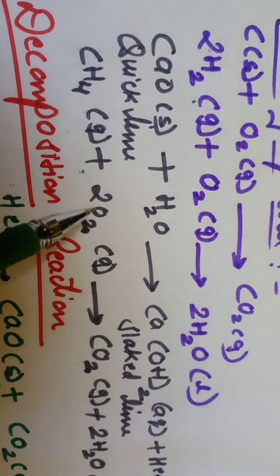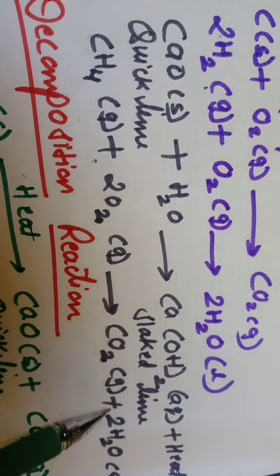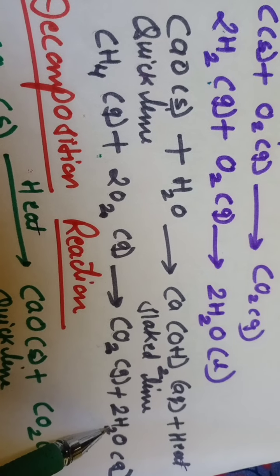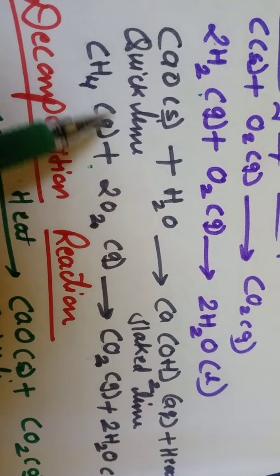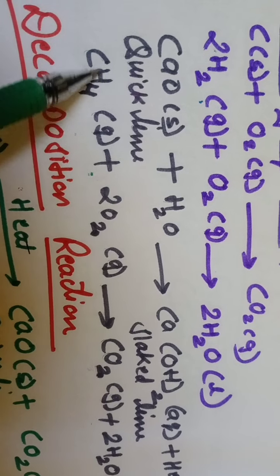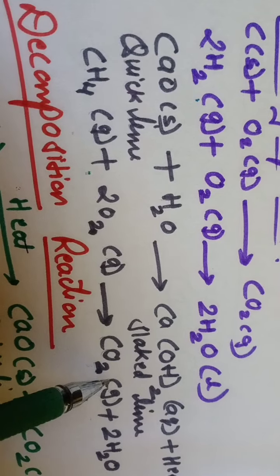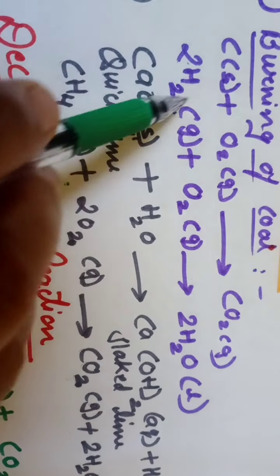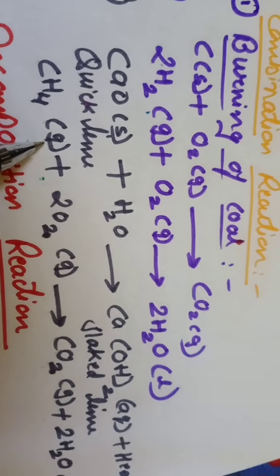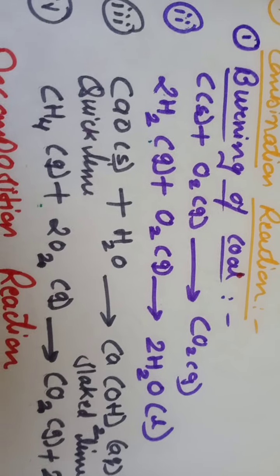Next, CH4 reacts with oxygen to give carbon dioxide and water. This is the example of burning of natural gas. So these are all the examples of combination reaction. I hope you have understood, dear students.